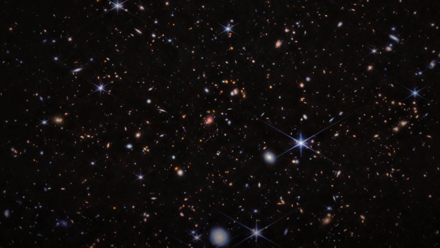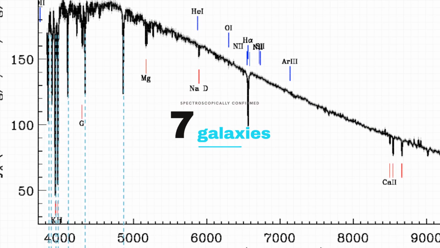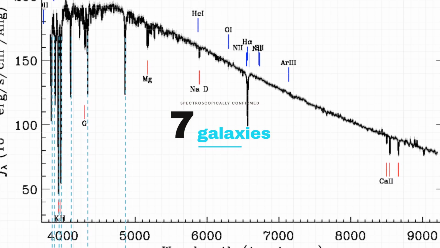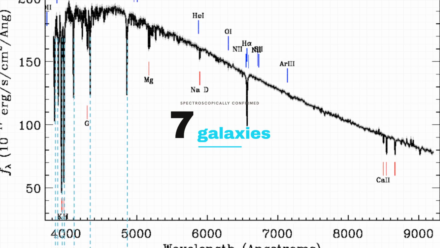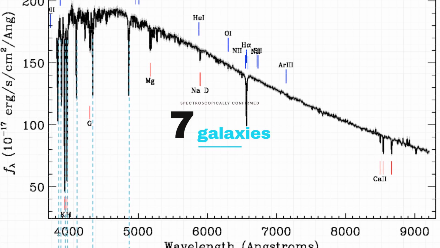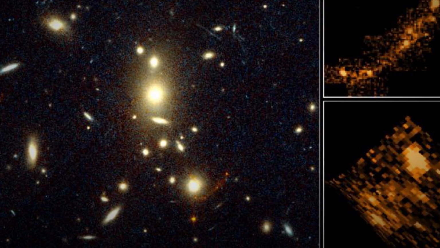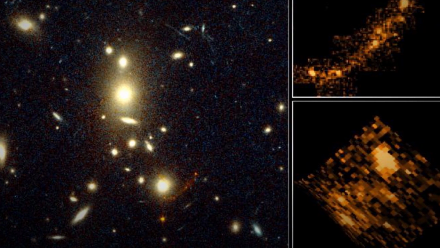What Webb resolved in detail was a protocluster, a collection of at least 7 massive galaxies, confirmed through spectroscopic analysis to all exist at the same distance, meaning they are genuinely associated with each other, not a chance alignment, at a redshift of approximately 8.3. These galaxies and the structure they form existed when the universe was only about 650 million years old.